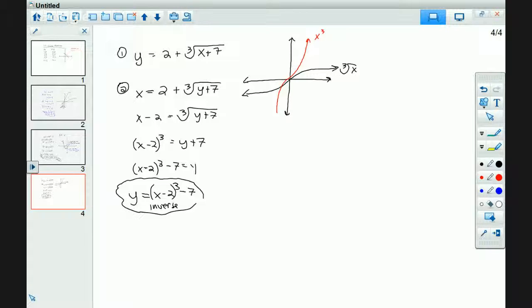That negative 1 is reserved for function notation, so you might just write it up there. Inverse. Any questions? Okay. Sounds good. The silence is sounding good.